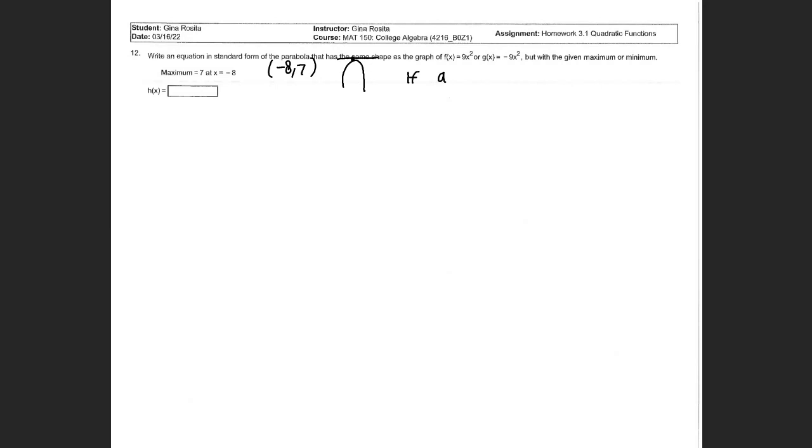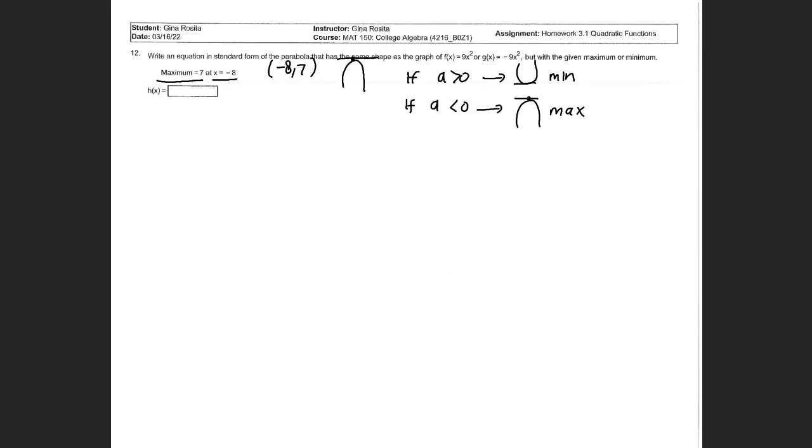Now remember the definition. If a is greater than 0, the parabola opens upward, so this is a minimum. If a is less than 0, the parabola is downward, so it has a maximum. Look again at the problem: maximum equals 7 at x equals negative 8.